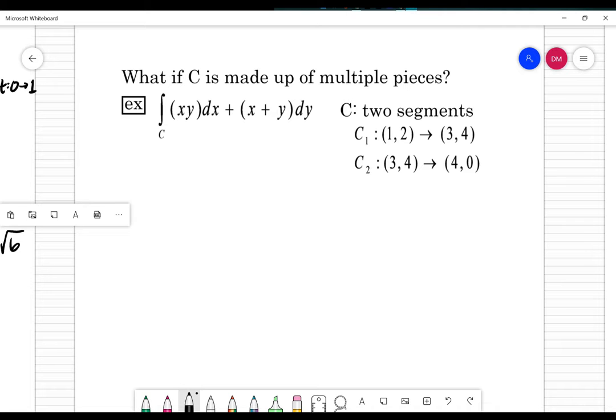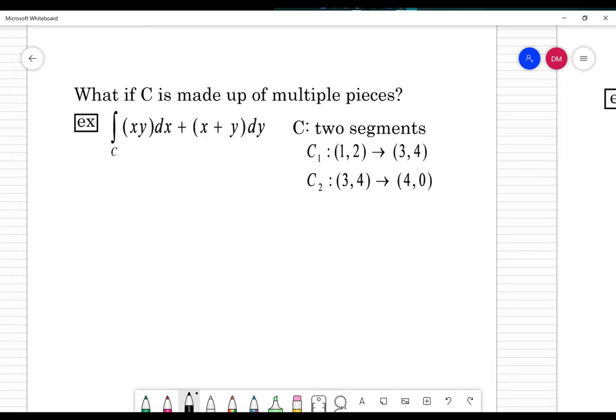We are still going to use our parametric equations to define our position vector, and we're going to do that in two dimensions here. With respect to C1, our x equation and our y equation would look like this.